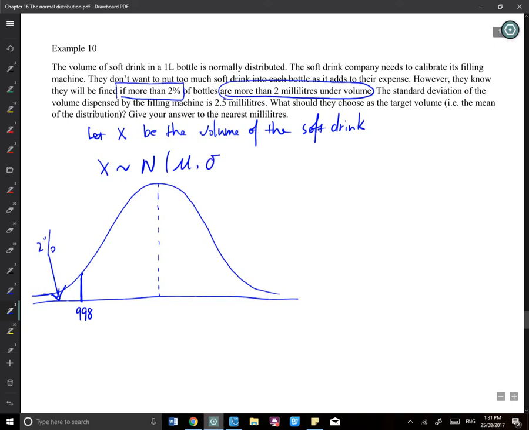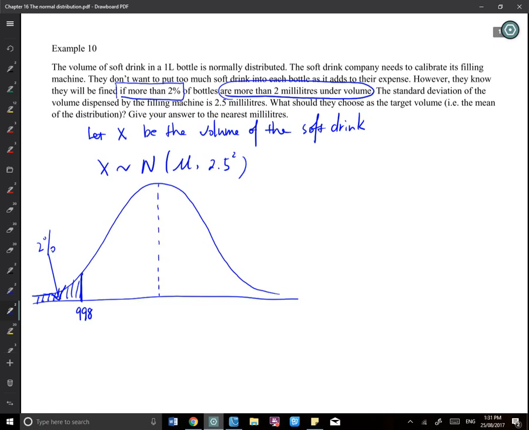The mean is not given, but the standard deviation is given, 2.5 squared. Alright, let's say exactly, I know what 998 is? The area to the left of 998 is 2%. Okay, let's think about that. That's 2%.